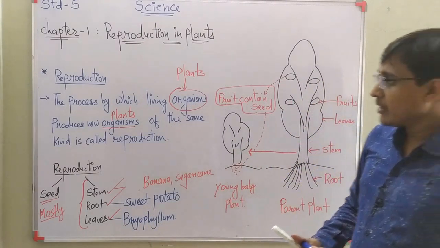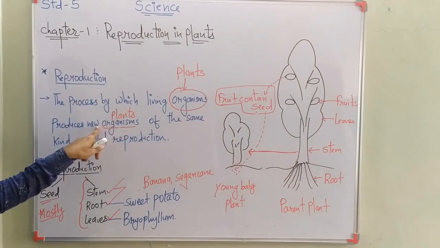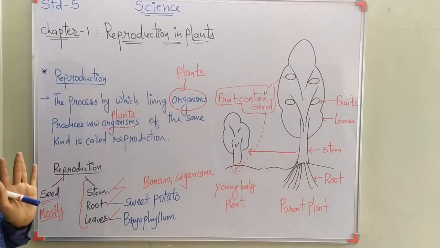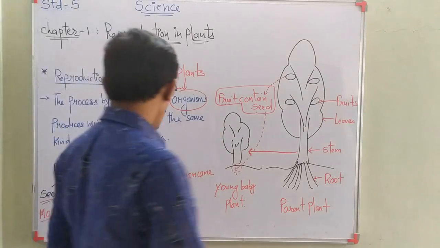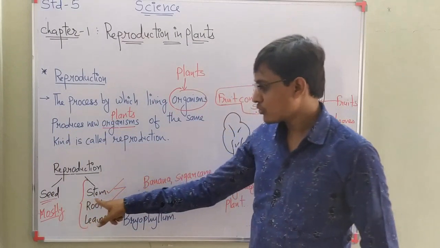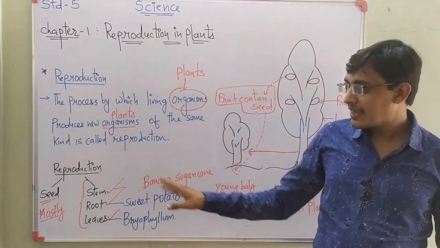So what is meant by reproduction? Production of new plants from old plants. These are called reproduction. Mostly they are reproduced through the seeds in the fruits, and the non-seeded ones reproduce through the stems, roots or the leaves. See the examples.